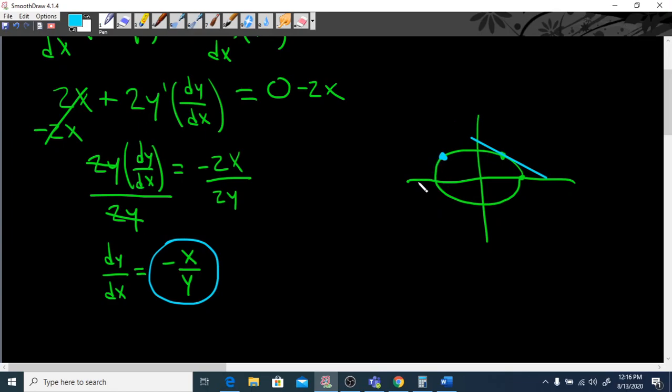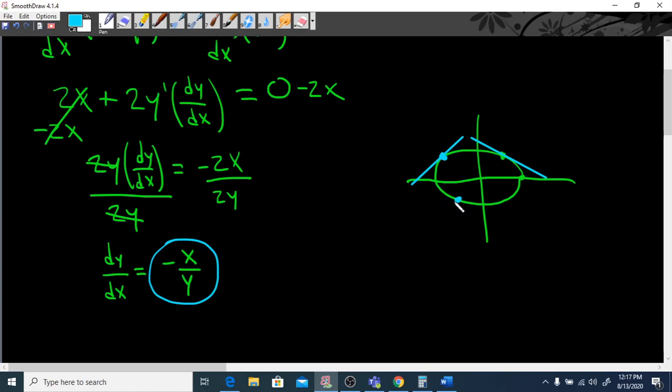If I draw a tangent line here, x is negative and y is positive. So x over y is negative, but negative times a negative is a positive, which is what we see here.